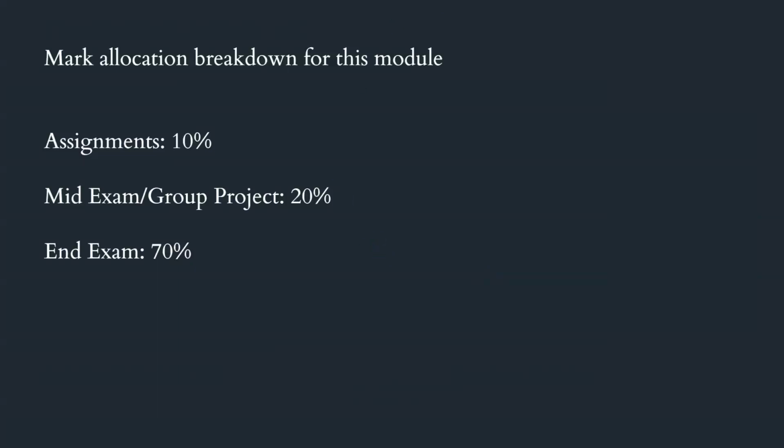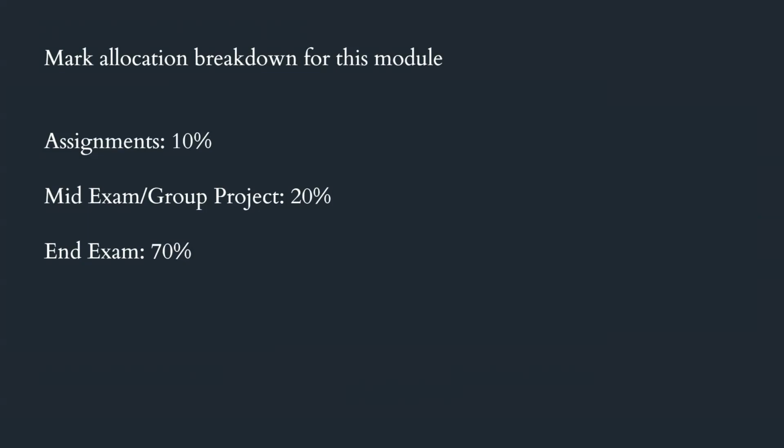Since I came to this slide, I will tell you the mark allocation breakdown for this module. The assignments will take 10% of the final mark. The mid exam, which is actually the group project, will constitute 20% of the final mark. Then the end exam will take 70% of the final grade.